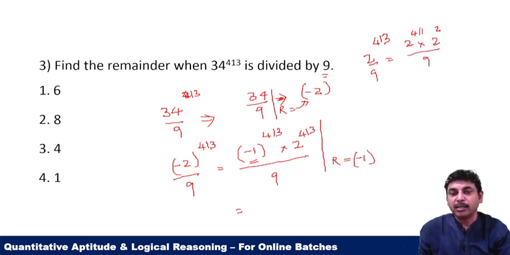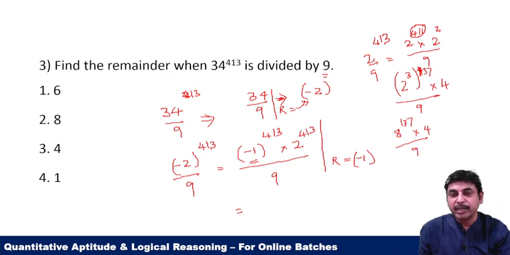Now we know that this number is a multiple of 3. So I can write this as 2 raised to 3, raised to 137, into 2 raised to 2, which is 4, divided by 9. Effectively 2 raised to 3 is 8, so 8 raised to 137 into 4 divided by 9.